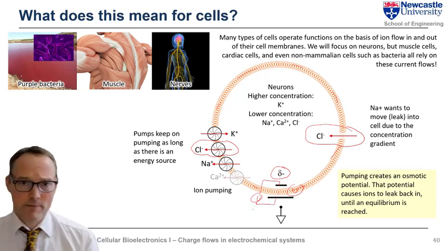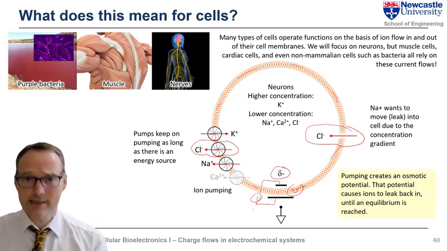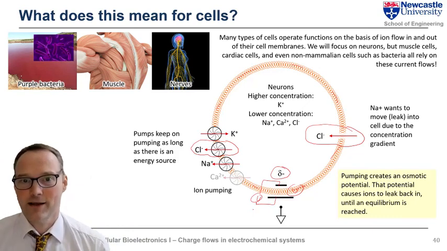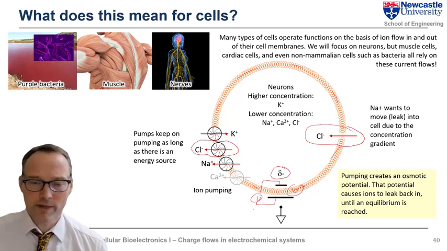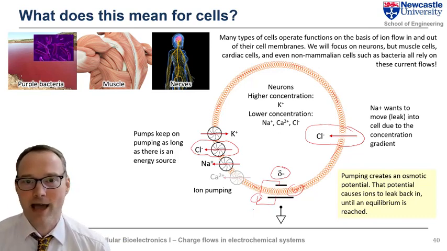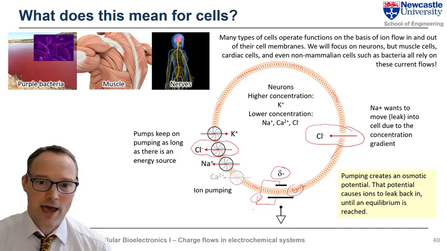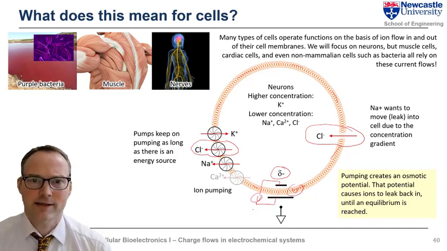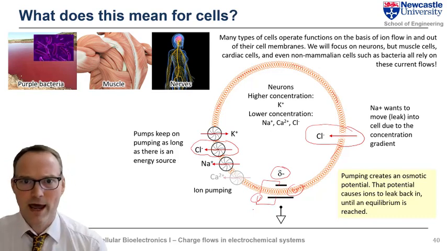So if you remember at the start, I talked about capacitances, and charge across a capacitance creates a voltage, and exactly the same thing happens with cells. And there are movements in and out of cells due to ions such as chlorine, potassium and sodium, and to a lesser extent calcium, that move in and out.